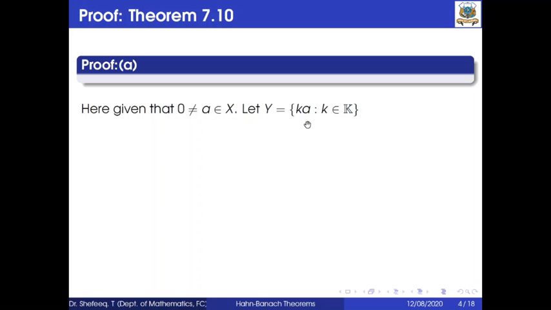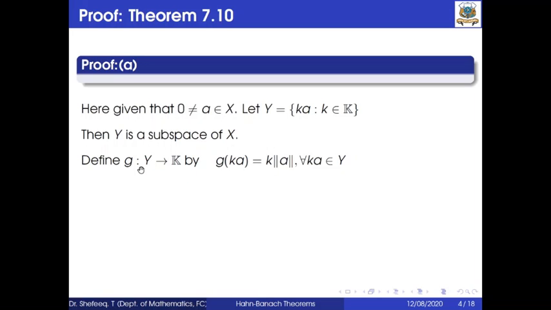Then surely Y is a subspace of X. We can easily show that this set Y is a subspace of X. Now we define a function g from Y to K by g(ka) = k||a|| for all ka belongs to Y. Now clearly g is linear. Here also we can easily show that this map is a linear map.